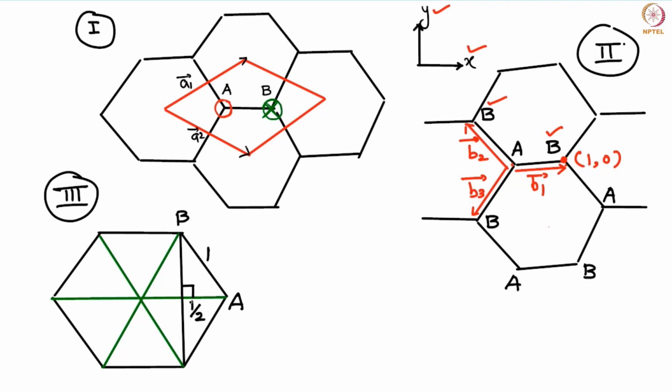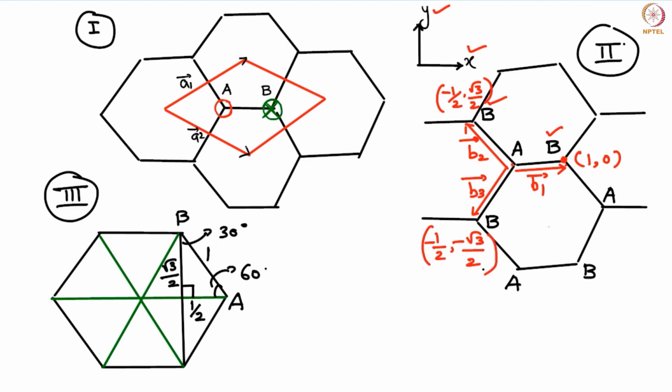This angle here is 90, and this one is 60, and this one here is 30. So now you can very easily calculate that this is root 3 by 2. So what are the coordinates for this point? The coordinates will be minus half and root 3 by 2. Similarly, if you want to calculate it for this B site, what you're going to get is minus half and minus root 3 by 2.